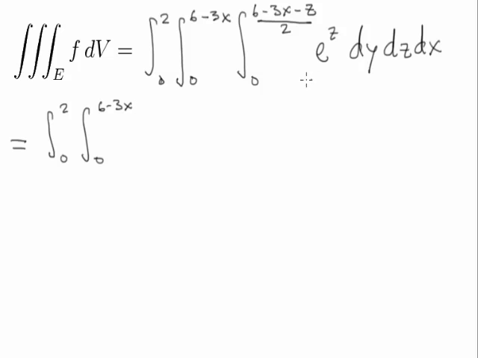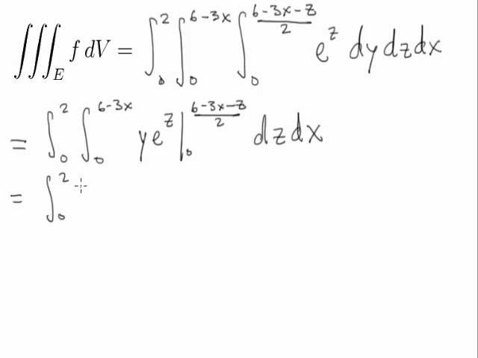Now it's constant with respect to y, so I just get y e to the z evaluated from 0 to 6 minus 3x minus z over 2. I still have my integrals with respect to z and x left. So we plug this in, and what do we get?